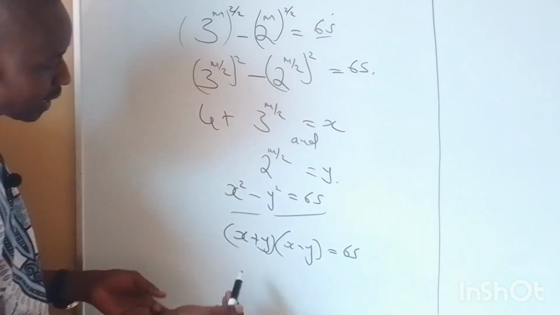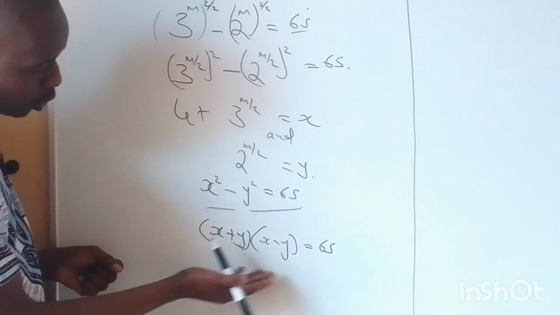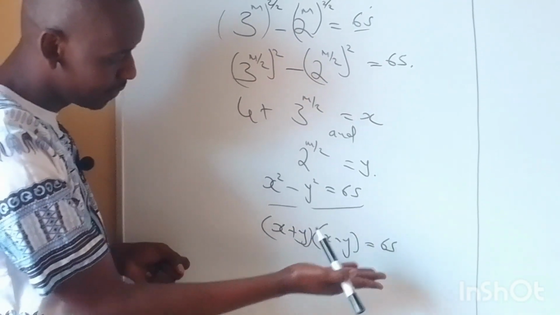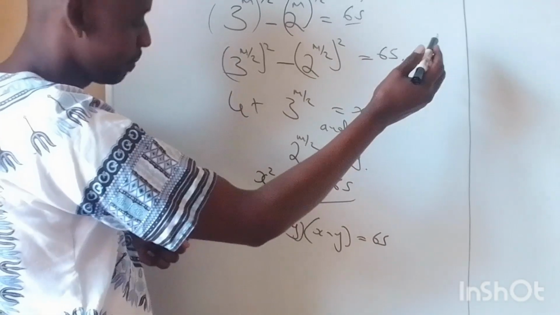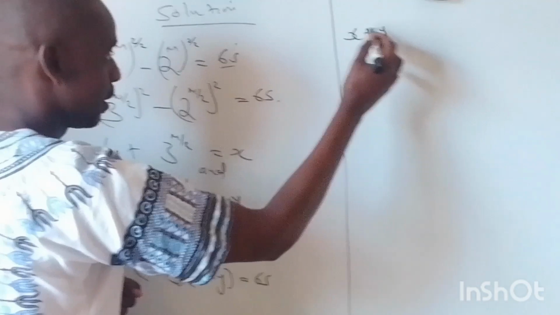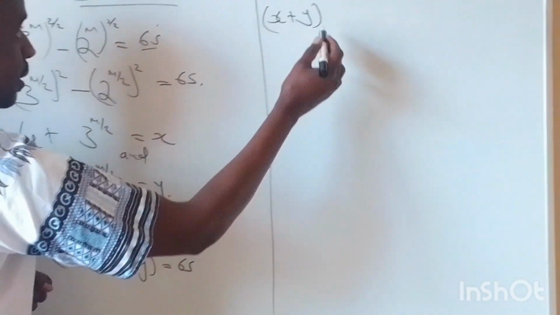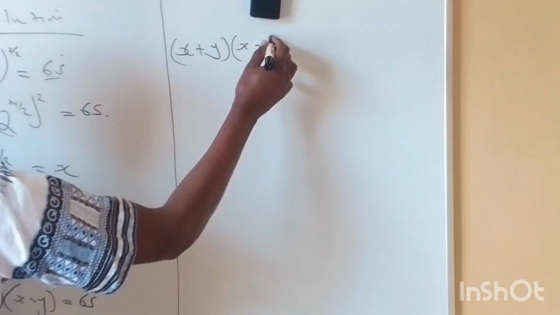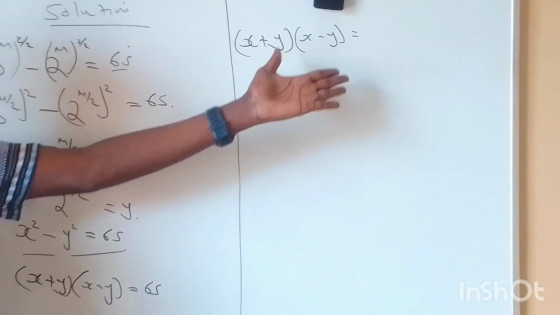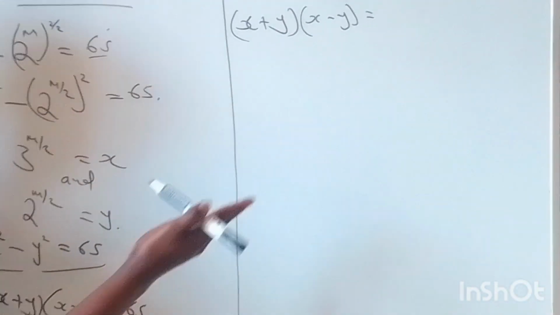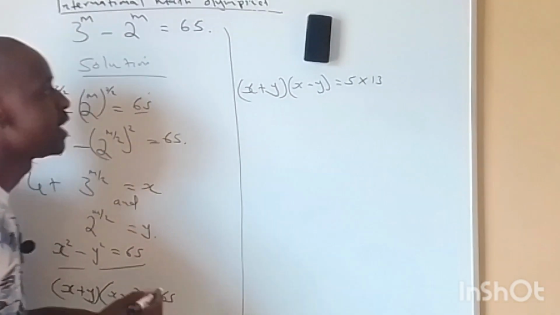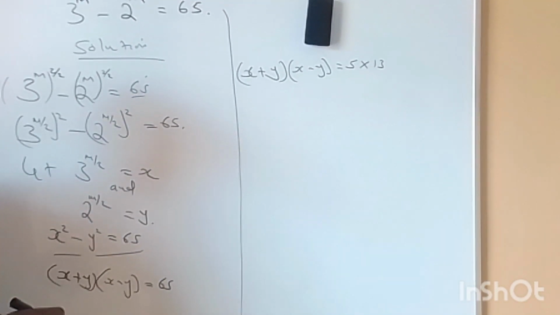So this means we have the product of 2 numbers that when you multiply gives us 65. Can we break 65 into 2 numbers that when we multiply give us 65? That is 5 multiplied by 13, if I'm not wrong. Yeah, 5 multiplied by 13 we get 65.